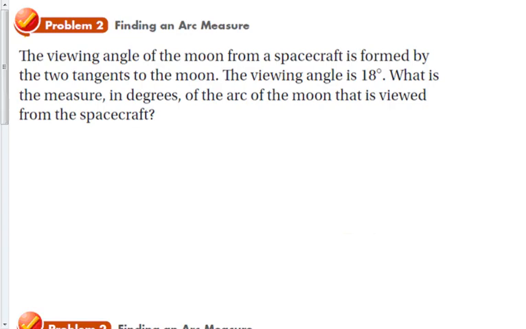All right, here we have a problem. It says the viewing angle of the moon from the spacecraft is formed by two tangents to the moon. The viewing angle is 18 degrees. What is the measure in degrees of the arc of the moon that is viewed? So I'm just going to create an angle like that. And so our spacecraft is right here. Let's just call that S. And then the moon is over here.